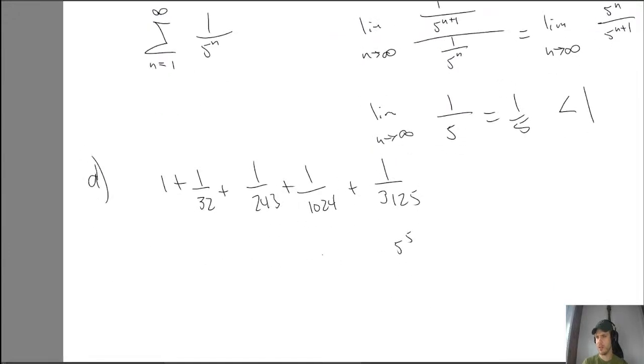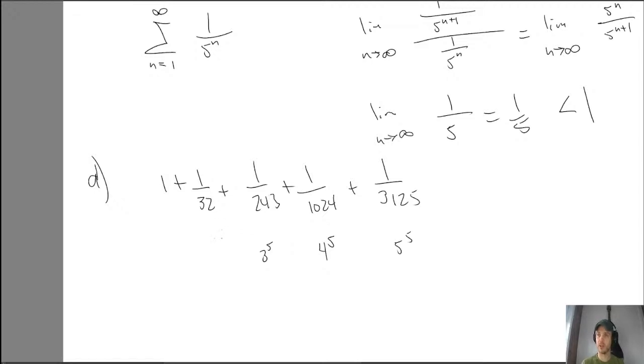And then... What is this, maybe? Okay, this is 4 to the 5th. This is probably 3 to the 5th. I think that's the power of 7.